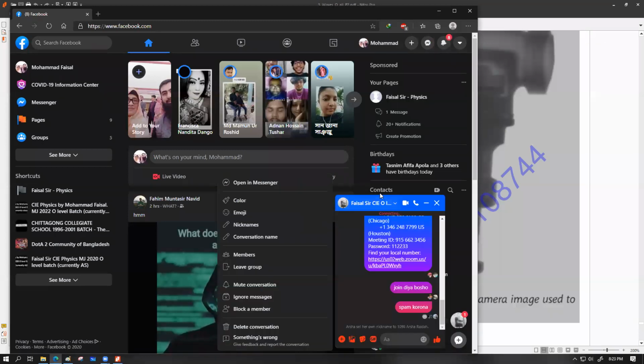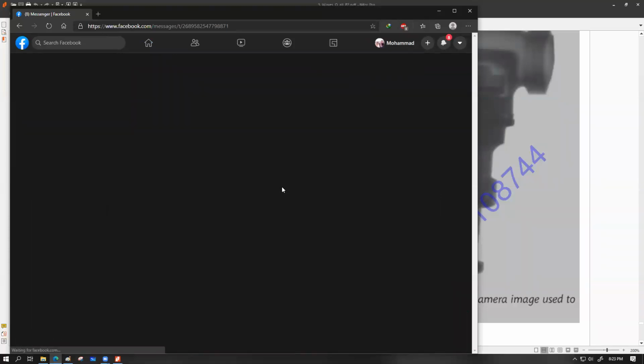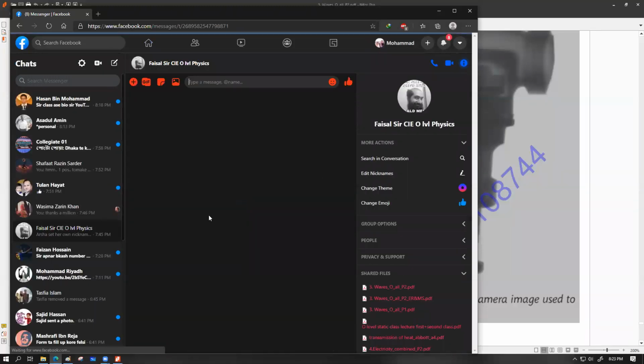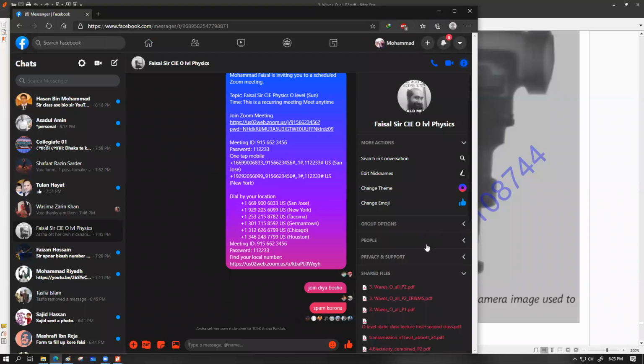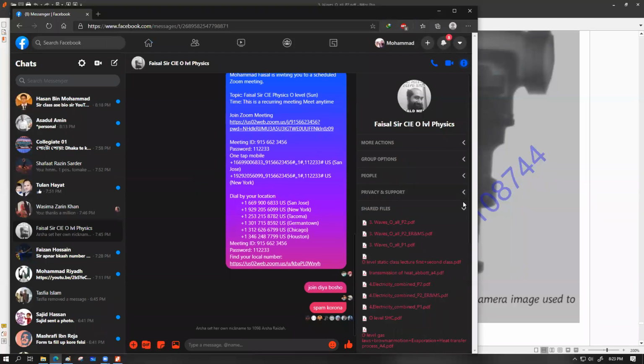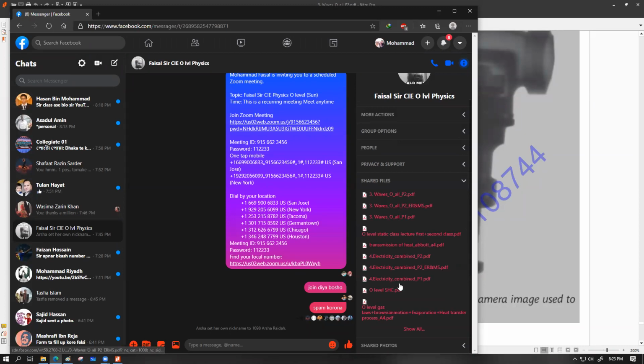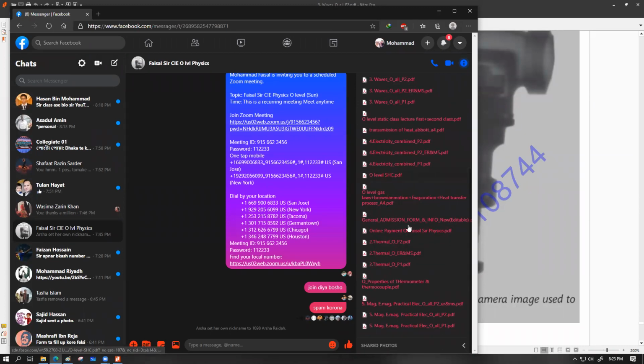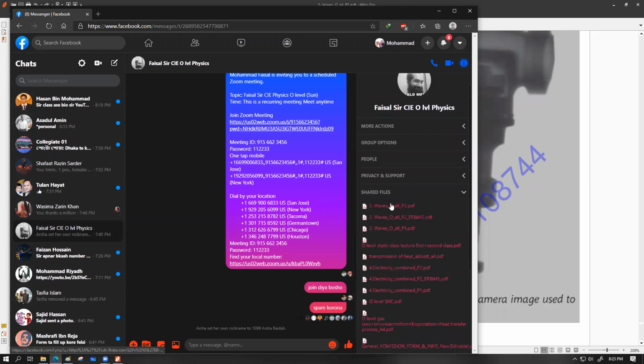If you browse from your PC, on the right side there are all of these tabs: more actions, group actions, people, privacy, shared files, shared photos. If you just turn up shared files, you'll get all the worksheets shared over here. This is very easy to access all the PDFs from here. Now, if I share it one more time, there will be 2 waves OLP2 over here, and that might be slightly confusing for everyone. That's why I prefer not to share it one more time. So get it from here.